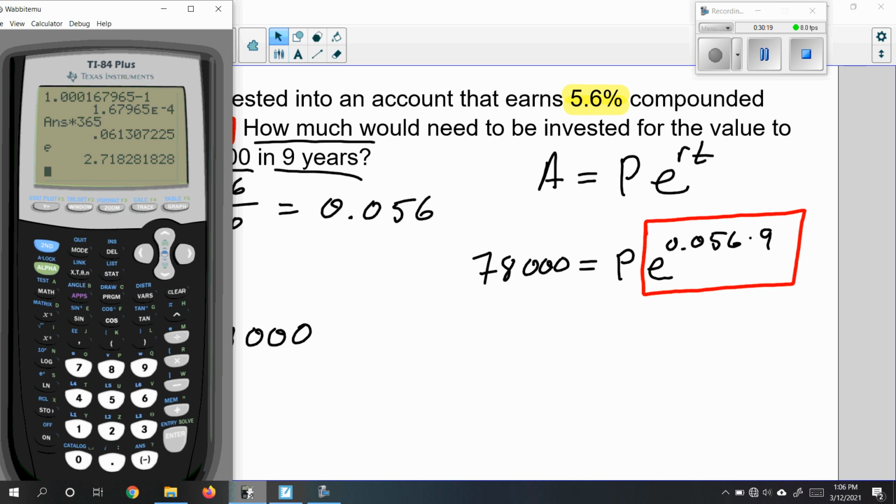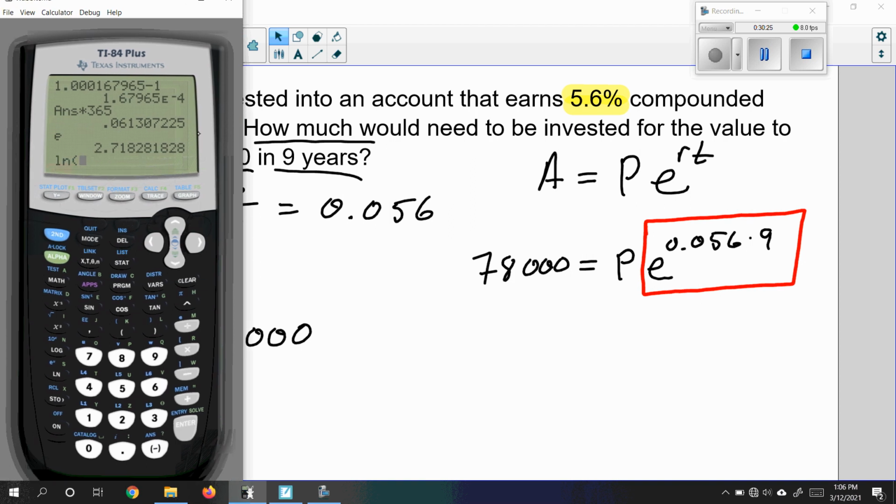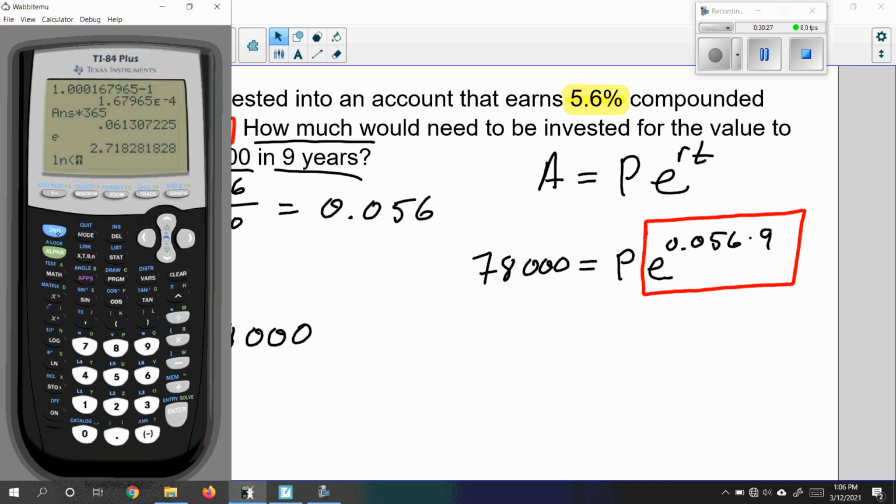So we'll do the E to the power X. That button is right down here over on the left by the ln. So second ln, that will give me E to the power 0.056 times 9. So that number is about 1.65.